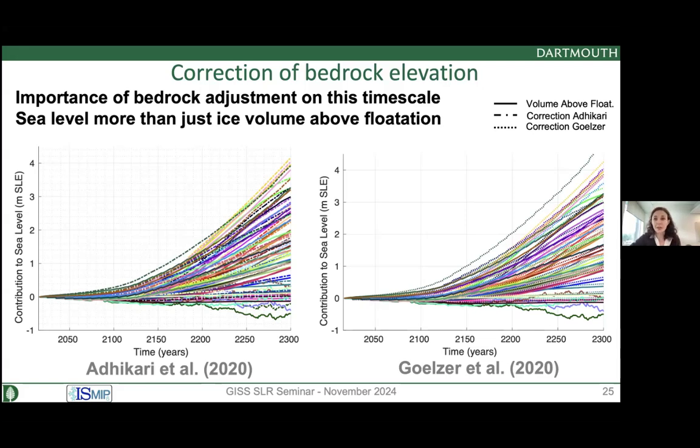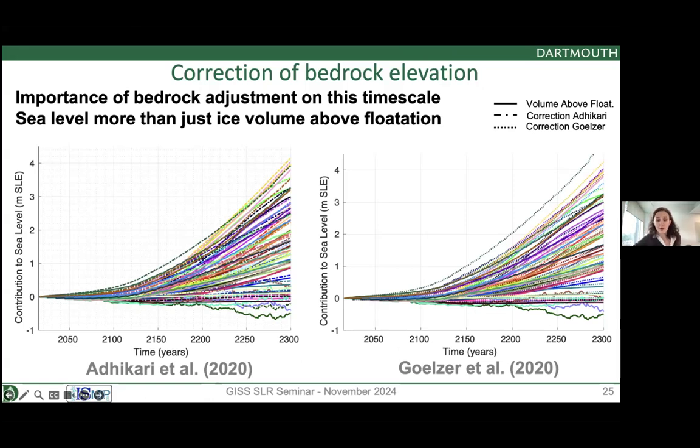That's about 3%. And then recently there's been 2 methods proposed by Adhikari et al. 2020 and Goelzer et al. 2020 showing how the changes caused by bedrock adjustment, due to the solid earth response to ice loading, should be included. The jury is still out in terms of how to best include that.